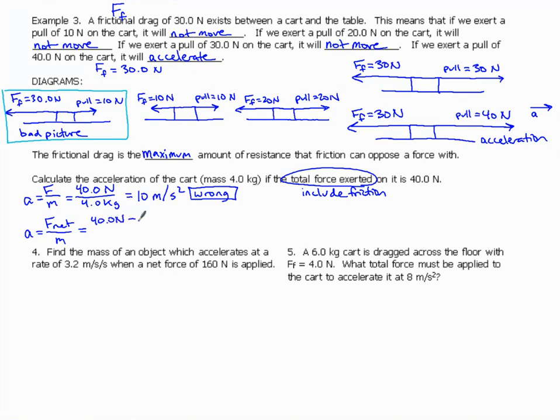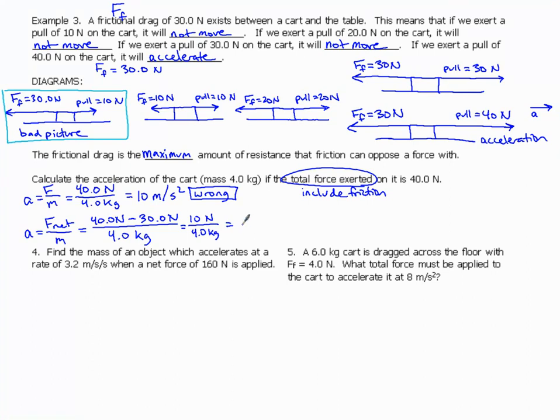40.0 newtons, minus, and the force of friction is in the opposite direction. So 40 newtons minus 30 newtons divided by the mass, which is 4.0 kilograms. And so we have a net force of 10 newtons and a mass of 4 kilograms.